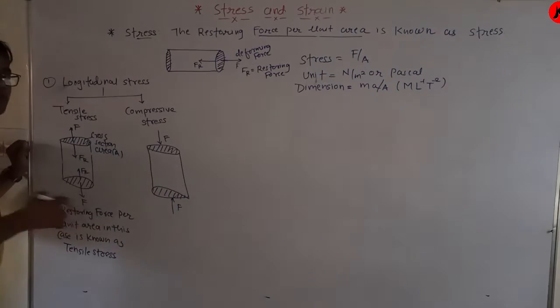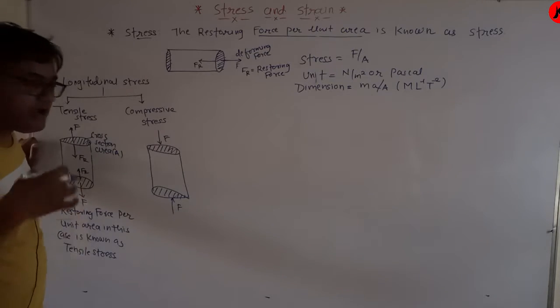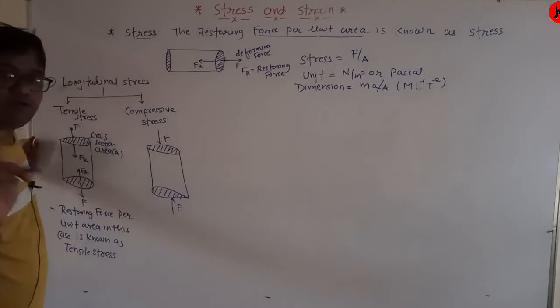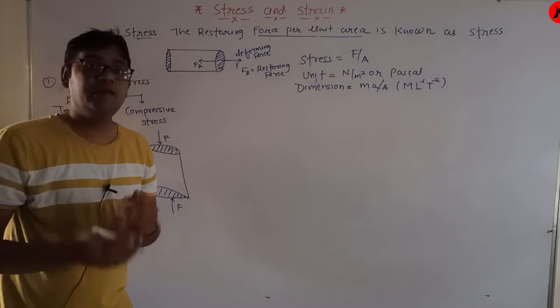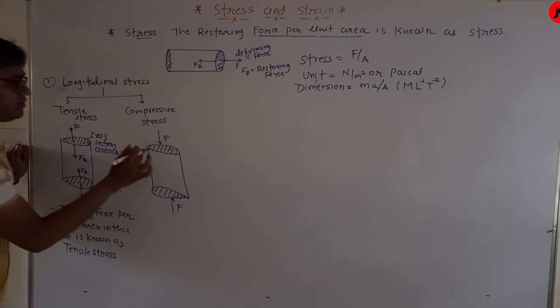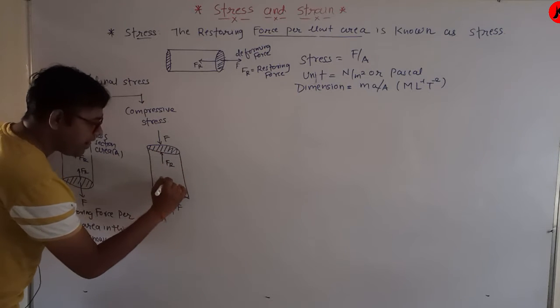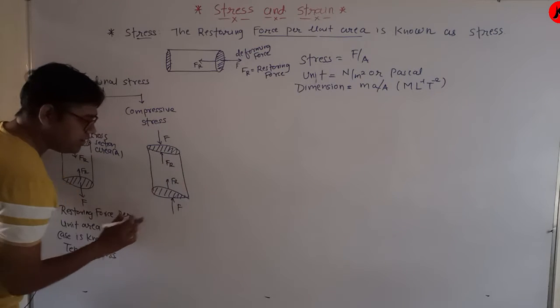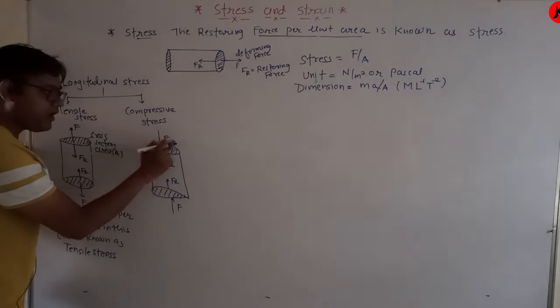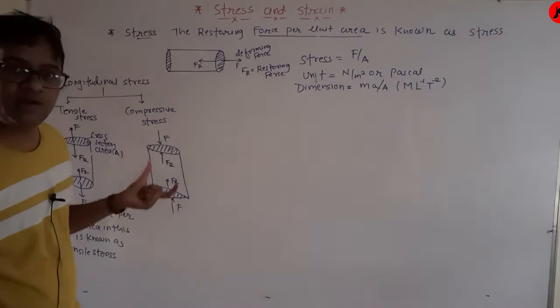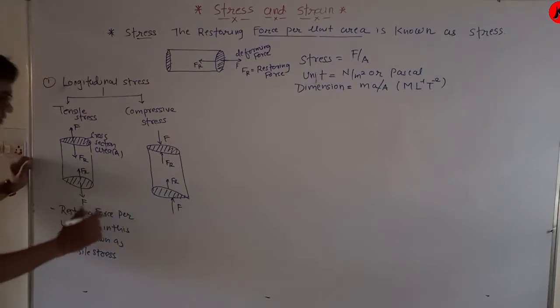This cylinder tries to be in equilibrium condition, and for maintaining equilibrium condition, this cylinder tries to develop the restoring force Fr, which is again equal in magnitude to F and opposite in direction, right?